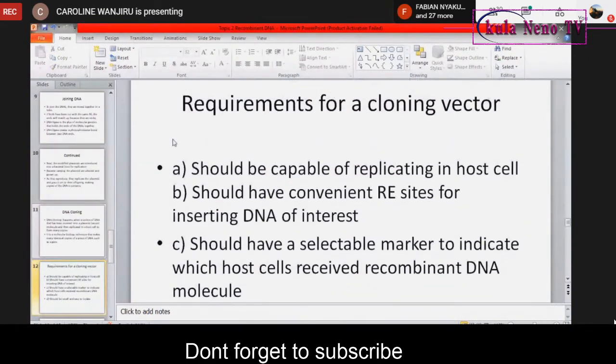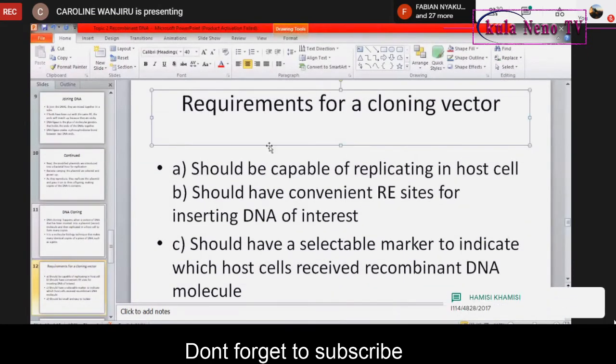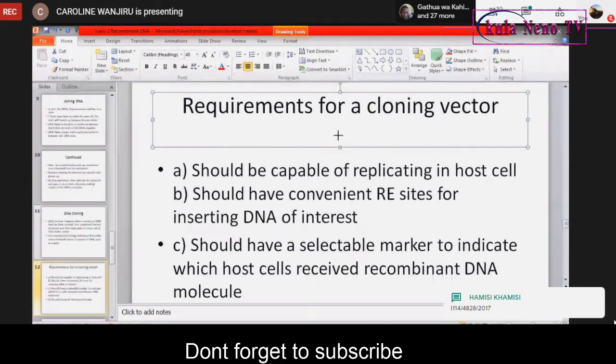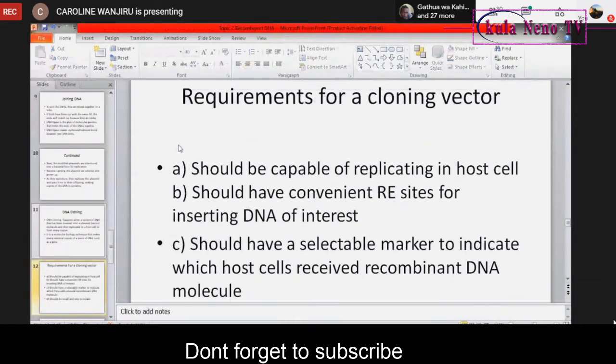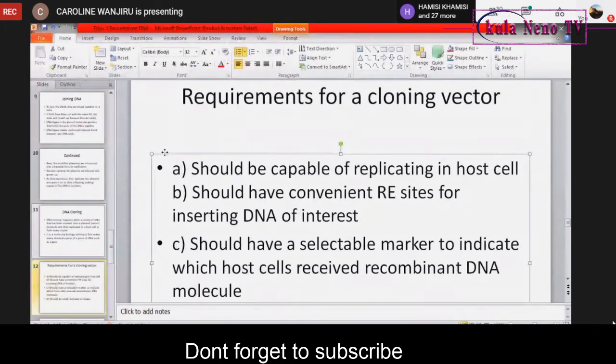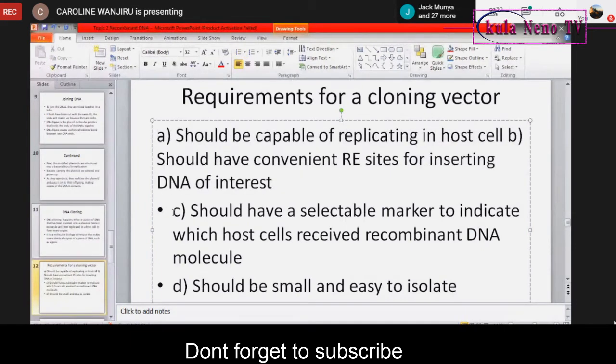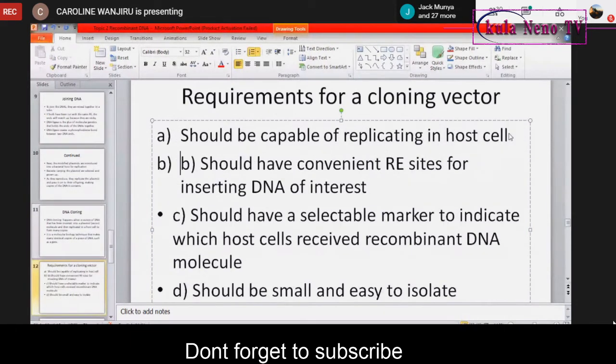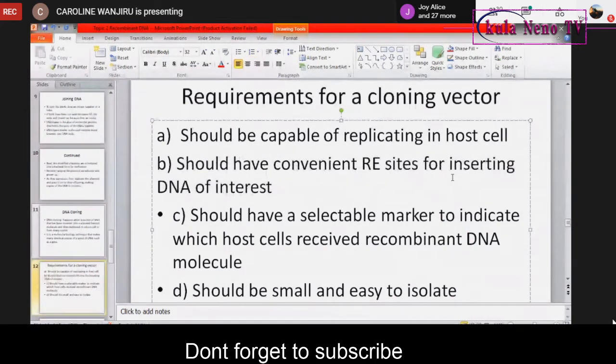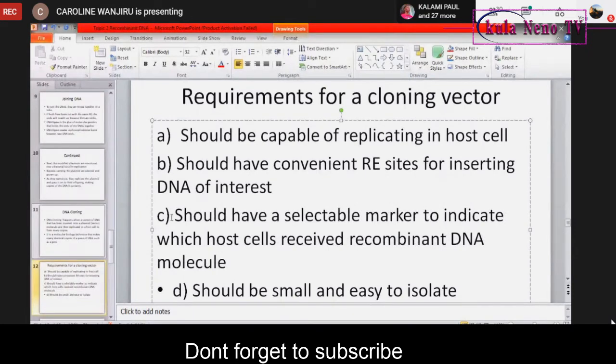So what do you need in order to say this is a good cloning vector and this is not a good cloning vector? What do you need? What are the requirements? What are the characteristics of a vector? For example, a plasmid. Number one, it should be capable of replicating in a host cell.